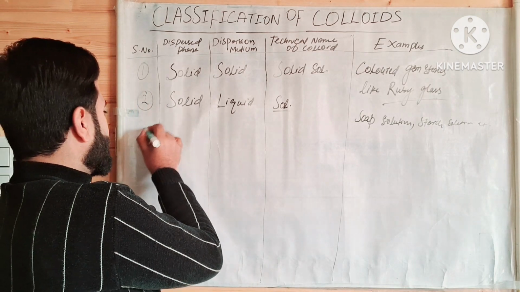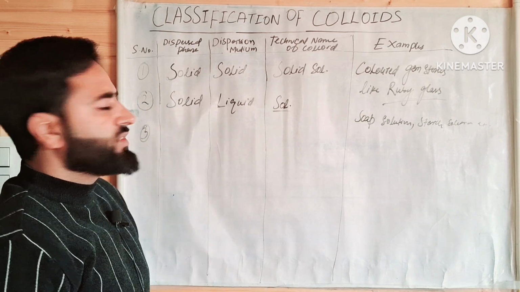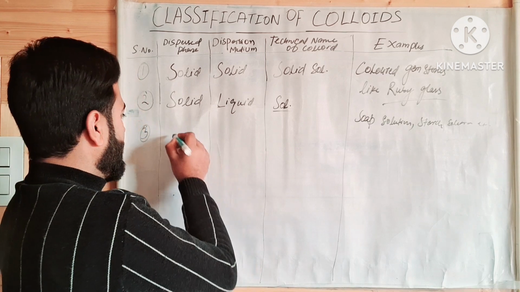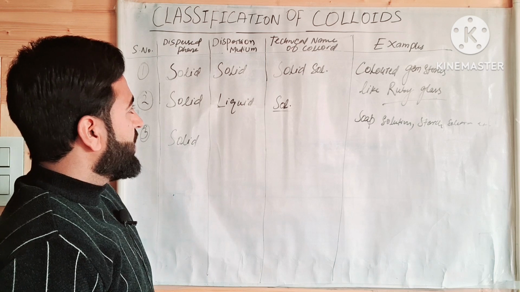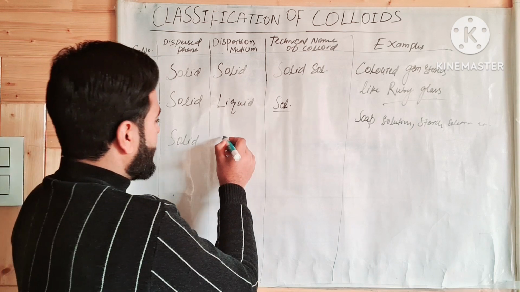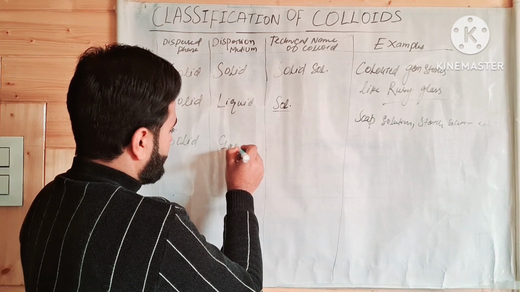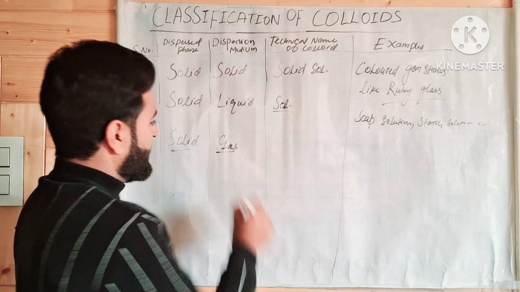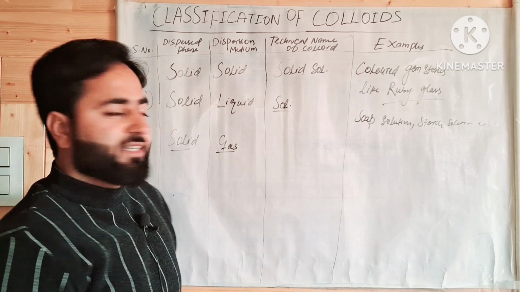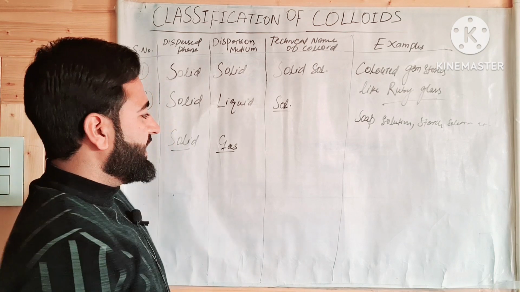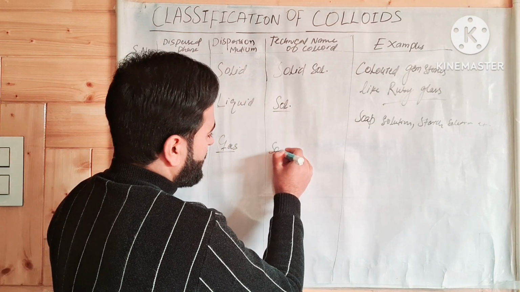The third one is, again, the dispersed phase is solid, and now the dispersion medium is gas. That is solid in gas, and the technical name of the colloid is solid aerosol.